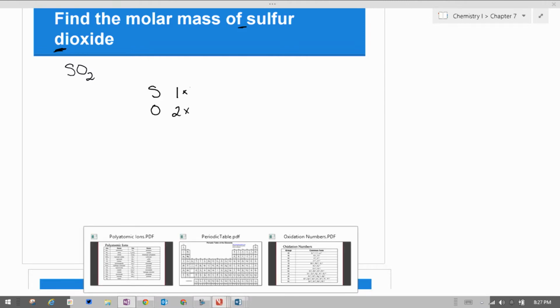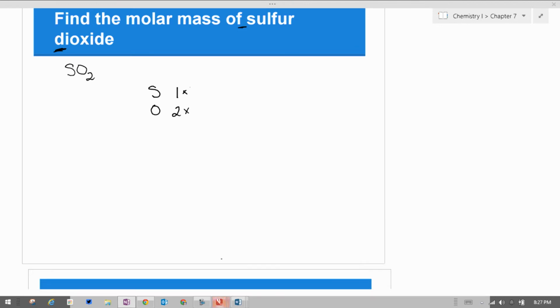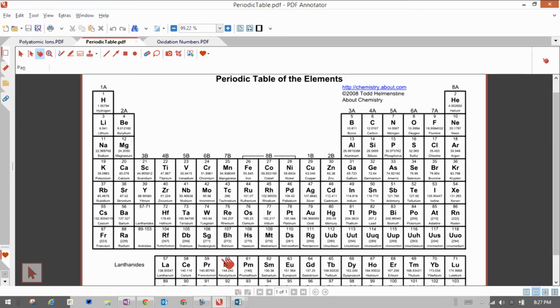So I'm just going to come over here to my periodic table, and I see that sulfur is right here with 32.065, so rounding to 2 decimal places, that's going to be 32.07, and oxygen up here is 15.9994, so that's going to round oxygen to 16.00.